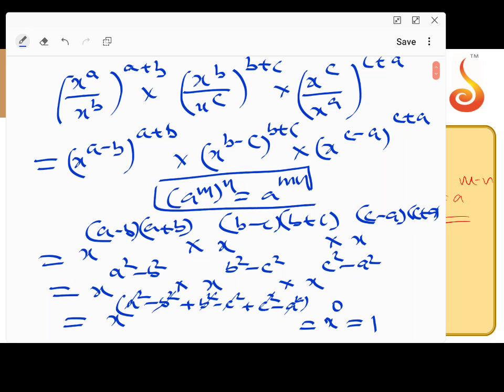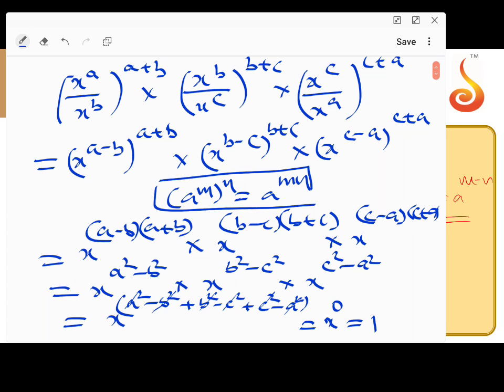Just look at it again. The question is given: (x^a / x^b)^(a+b) times (x^b / x^c)^(b+c) times (x^c / x^a)^(c+a). So x^a / x^b is the same as x^(a-b) using the law of indices. Next, write all the bases like that.